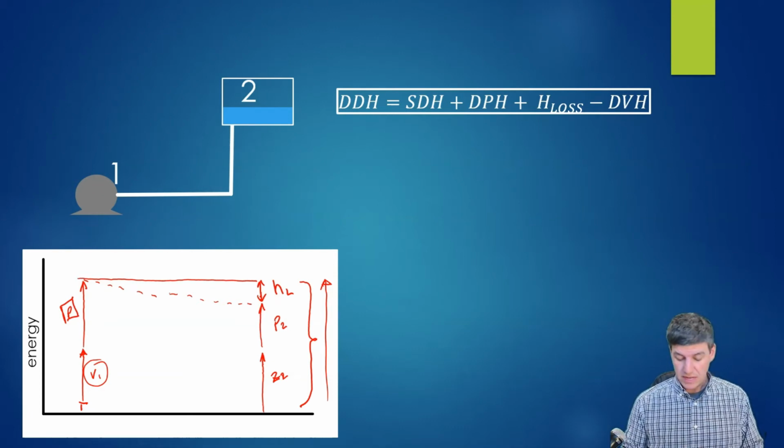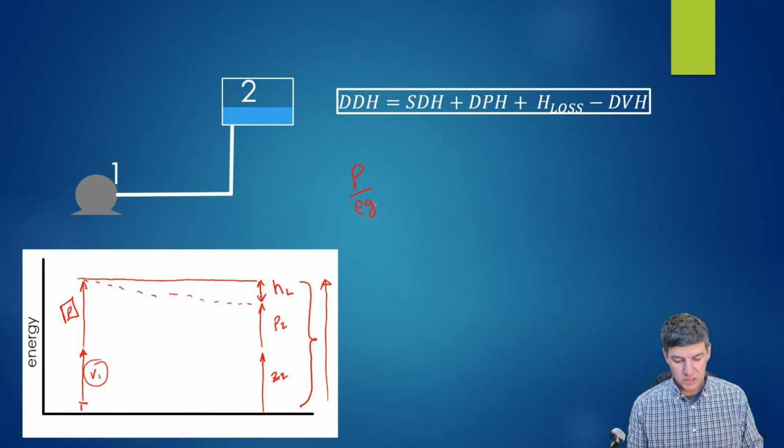So in equation form, essentially the dynamic discharge head, the P term, which would be P1 over rho G, is going to be equal to Z2 plus P2 over rho G plus my head loss minus my V1 squared over 2G.